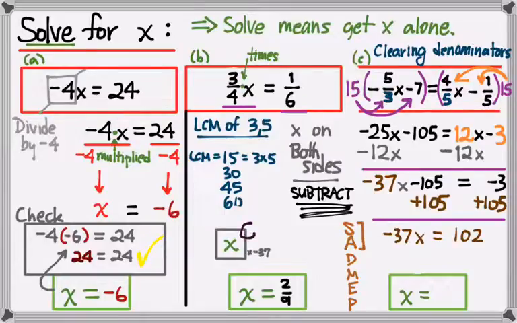Divide by negative 37. And again, don't forget that negative sign in your process. Divide by negative 37, and then I'm going to have an answer. x equals negative 102 divided by 37. Ooh. Is that lowest terms?